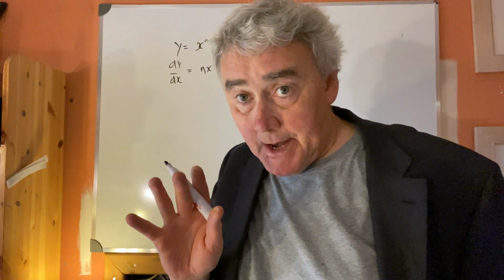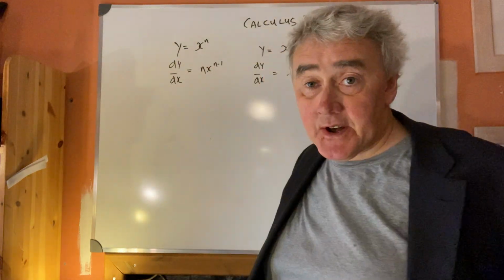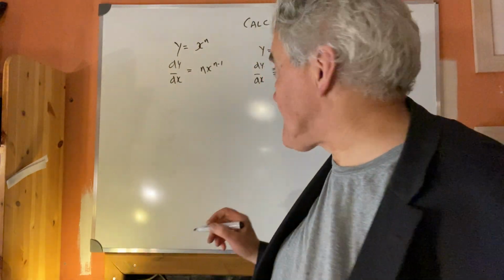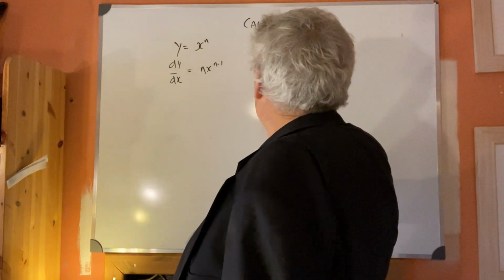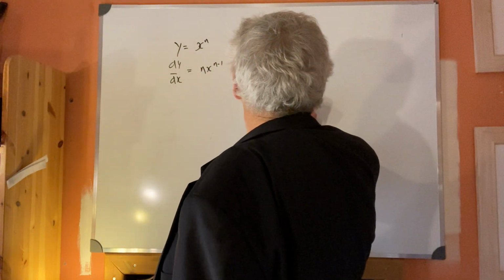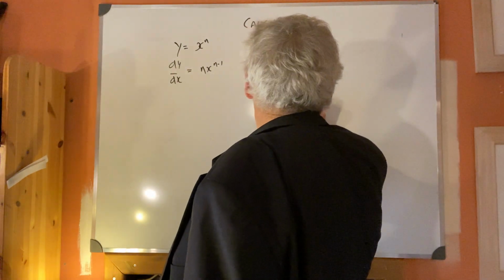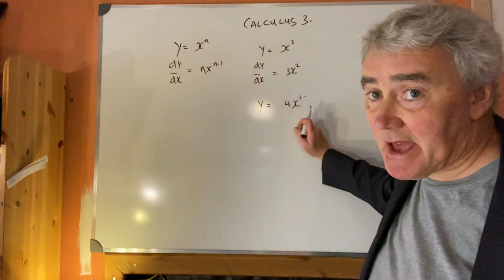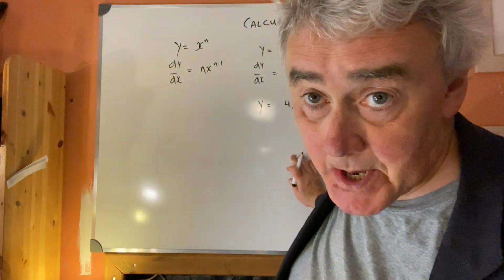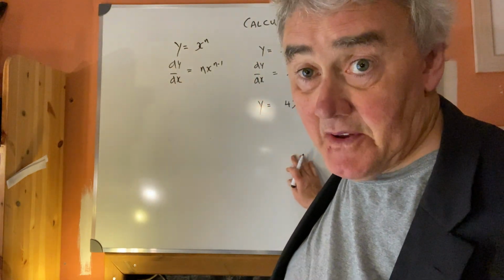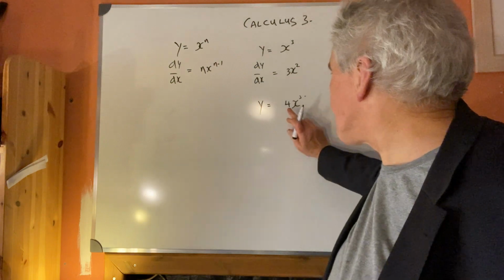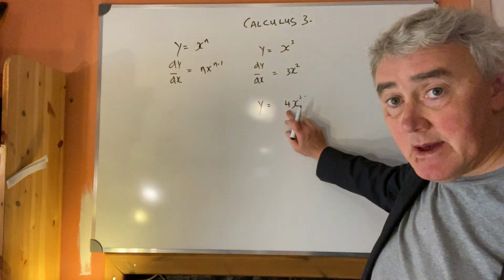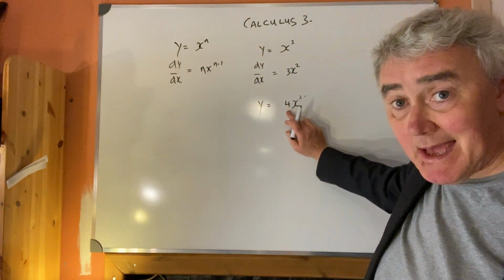And that's fine. If there's a number in front of it, what happens there? Let's say we have y equal to 4 times x cubed. We do exactly the same thing, because in this scenario the constant coefficient, in this case 4, doesn't really come into play at all.